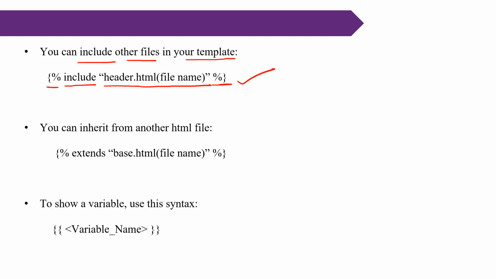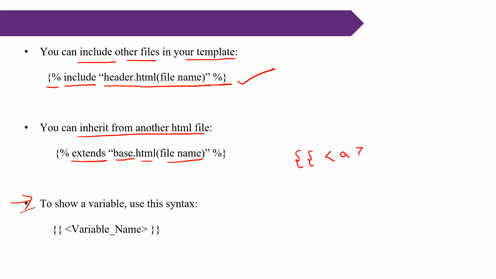Now, suppose one HTML file is already created. If you want to extend the properties from that file, that means if you want to inherit from another file, you use the command extends, with base meaning the parent HTML file name. Now, this plays a very crucial role in showing a variable directly.